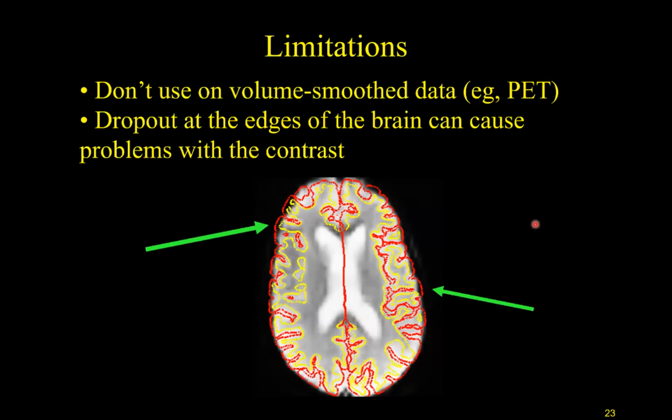So there are some limitations on using BBR. You should not use it on volume smoothed data. I know that everybody in here is very interested in cortex, and the last thing they would want to do is to smooth their data in the volume.